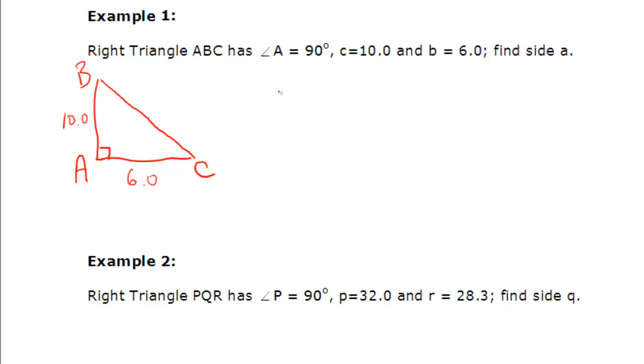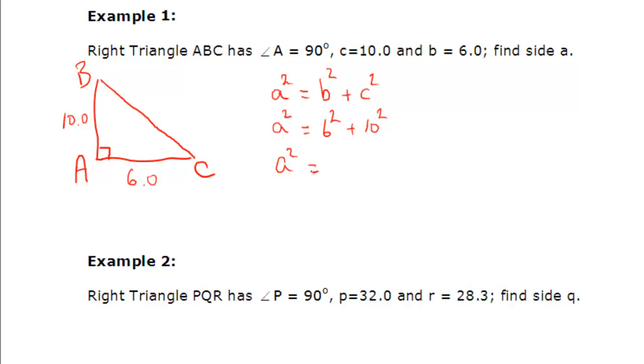So for this triangle, the Pythagorean theorem says the hypotenuse, which is side a, squared, is equal to side b squared plus side c squared. And a squared is then equal to 6.0 squared plus 10.0 squared. We'll just drop the 0.0.